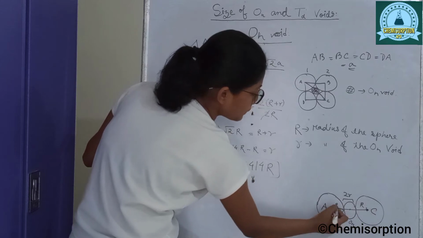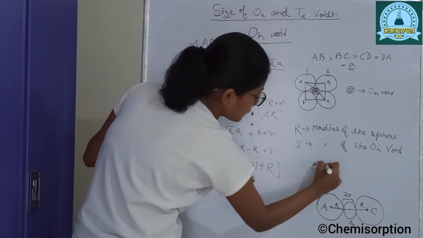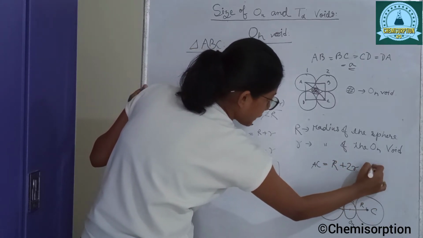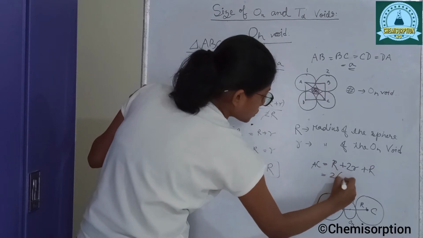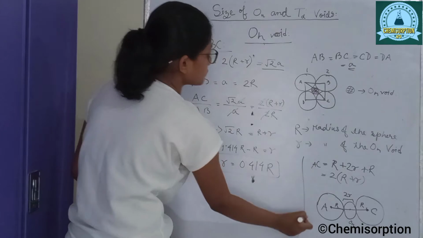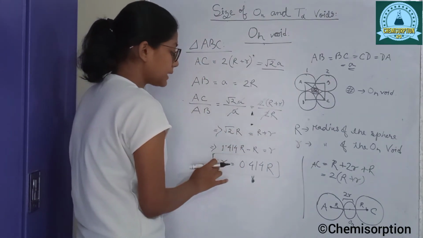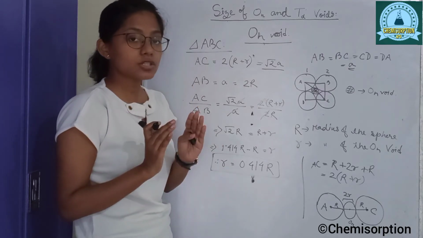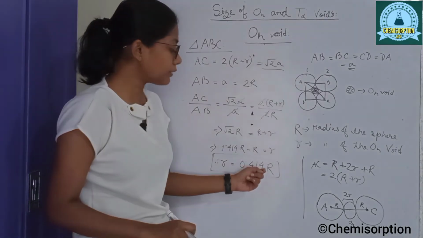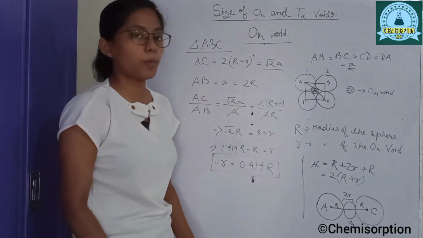So AC will be R plus twice R plus again we have R. So it will be 2R plus R, right? Now we will consider the ratio AC by AB, and from this we will get that the radius of this octahedral void is equal to 0.414 times the radius of the sphere forming it.